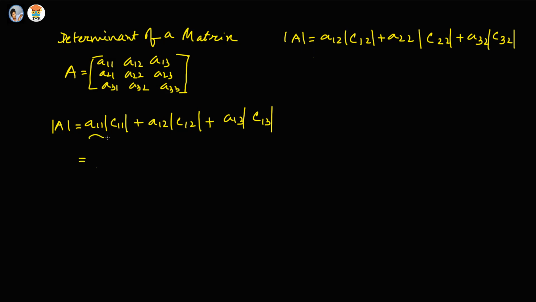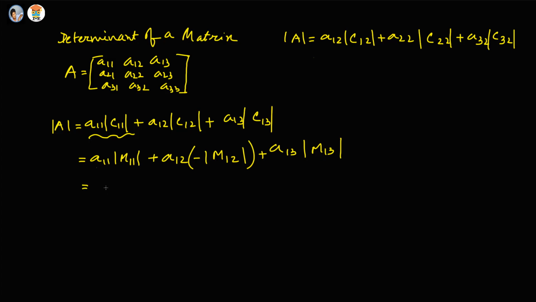Now here, instead of writing this, we can write A11 M11, as 1 plus 1 is an even number, so cofactor is equal to minor, plus A12, here 1 plus 2 is an odd number, so cofactor will be the negative of minor, negative of M12, plus A13 M13, as 1 plus 3 is equal to 4, which is an even number, so cofactor and minor both will be equal.